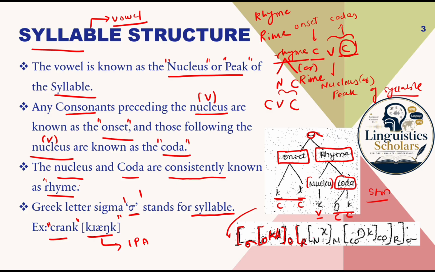Open the square bracket and mark it R, then open a square bracket for the nucleus, write the nucleus sound, and close the nucleus square bracket, and then open the coda. It consists of n and k, and close the coda, then close the rhyme and then close the syllable. This is how you can write the linear order of the syllable structure, and it is like a tree diagram for the syllable.